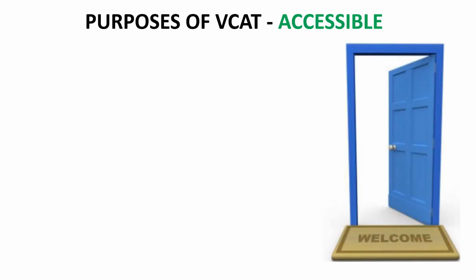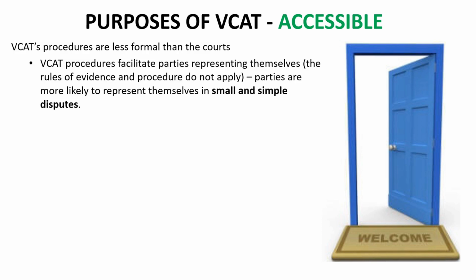The third purpose of VCAT is to provide accessible dispute resolution services, that is, to make it easier for parties to bring their case and enforce their rights. We've just looked at a major way that VCAT does this. VCAT's procedures are intended to enable parties to represent themselves without a lawyer because they are user-friendly, that is, they're easy to understand.